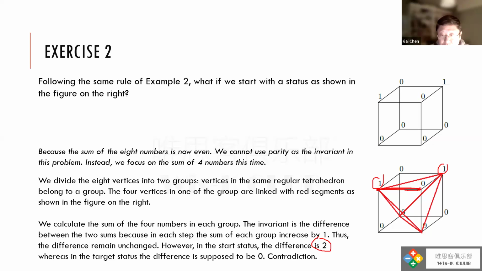The difference is 2, which is invariant. But what we are looking for, the target, is all the 8 vertices being equal, meaning the difference of the sums of the 2 tetrahedra will be 0. So that is a contradiction.